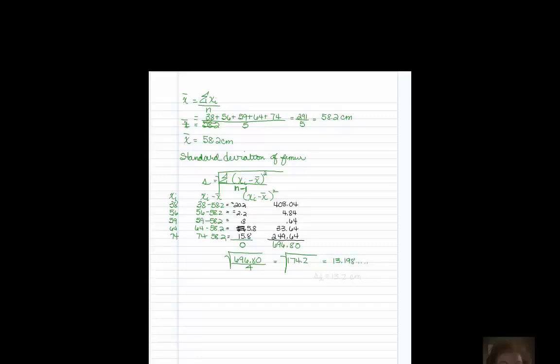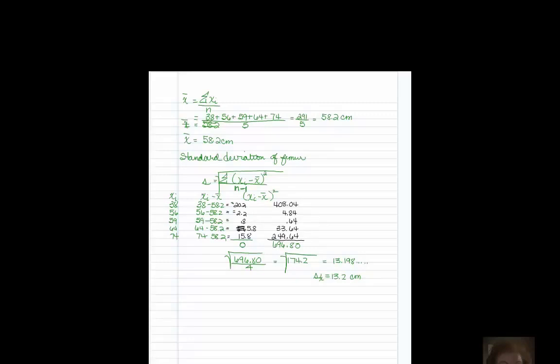Now this is the place where I go back to my original data. It was to the ones place, so I'm going to take it to the nearest tenth, so it would round to 13.2, and the units on my standard deviation are the same as the units of my data, so it'd be 13.2 centimeters. That's going to be the standard deviation of my femur for this Archaeopteryx.